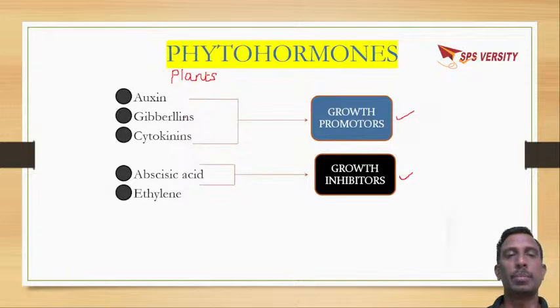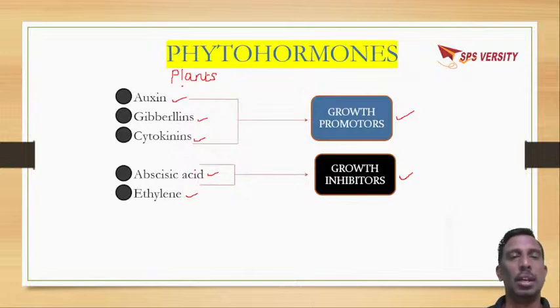Growth promoters mean auxins, gibberellins, cytokinins. Growth inhibitors में abscisic acid, ethylene.